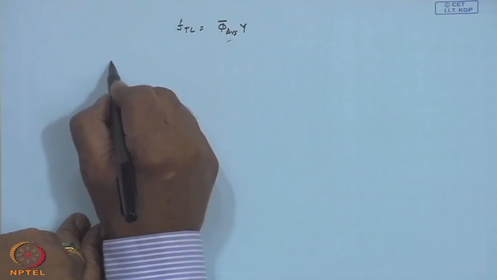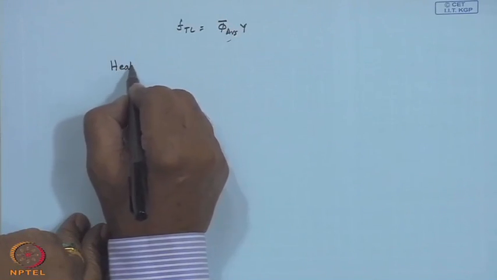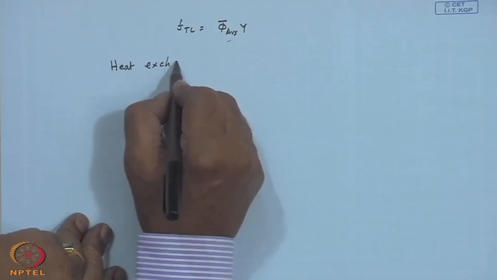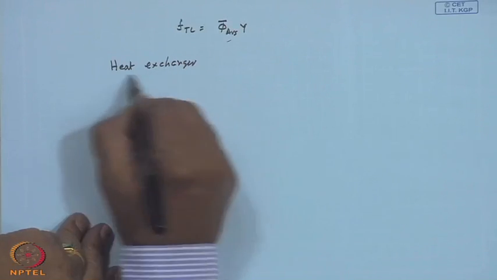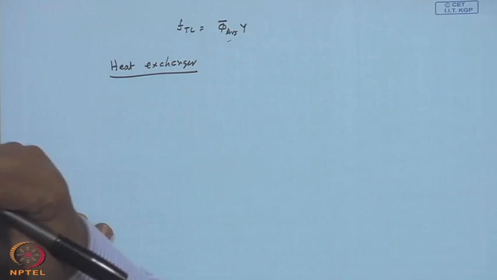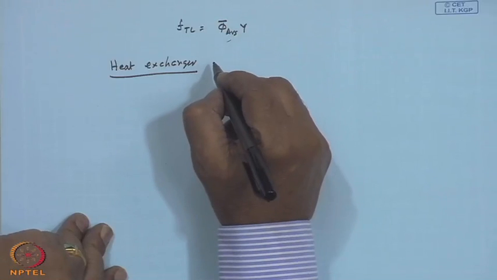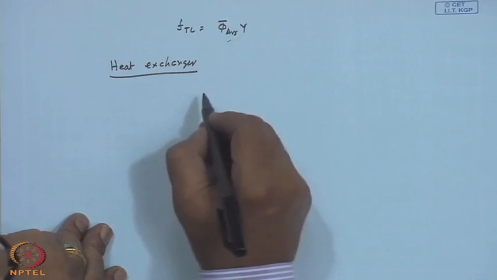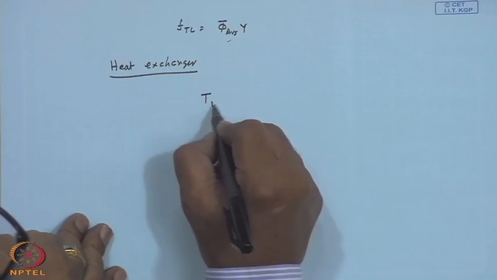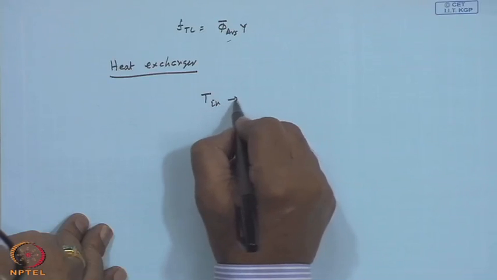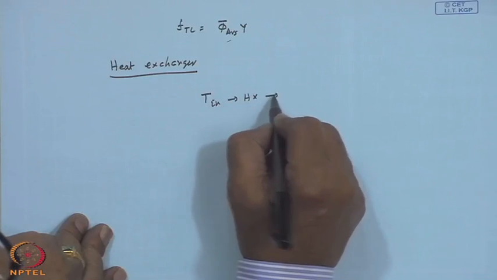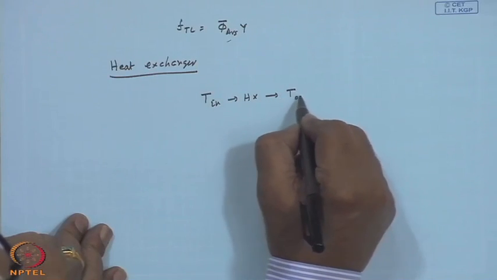How do we take into account the heat exchanger? This also I shall only indicate if there is a heat exchanger. So, that T in to the heat exchanger will come out as T O to load.